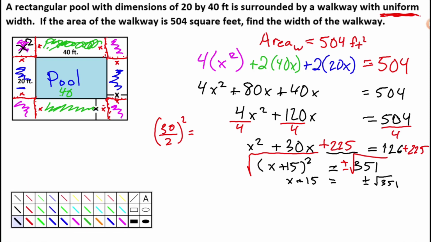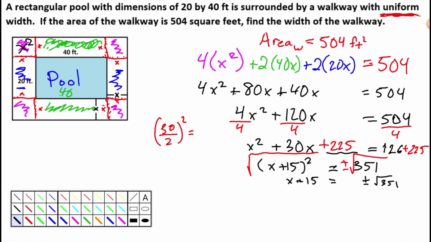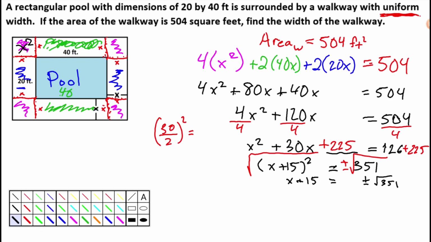There we go, finally. Subtract 15 from both sides. I'm going to skip this step actually. That should be pretty simple by now. So we'll get x is equal to negative 15 plus or minus the square root of 351. Perfect. And what does that evaluate to? So I should get two answers. Remember, when we're solving this, we should have two answers here.